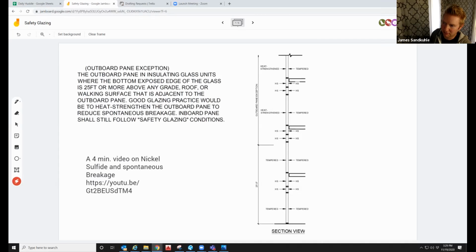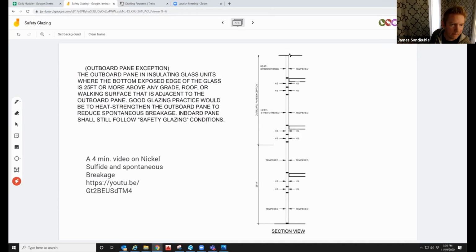Because you're already having to temper these down here, right? So it's less risky, but of course, if you have a taller building, you're going to want to heat strengthen above 25 feet where you can. So it's just something you talk with your PM about, say, hey, just to keep glass consistent, could we just temper all 3 floors or something?